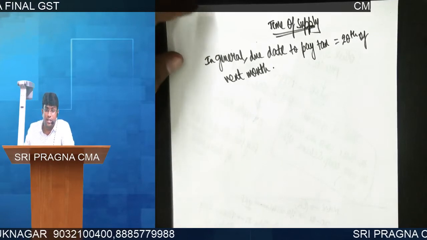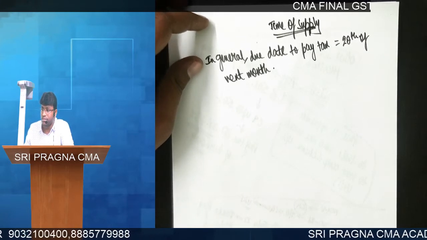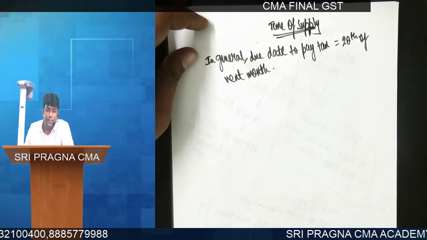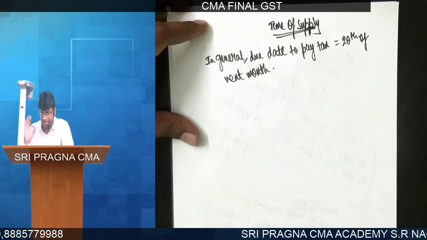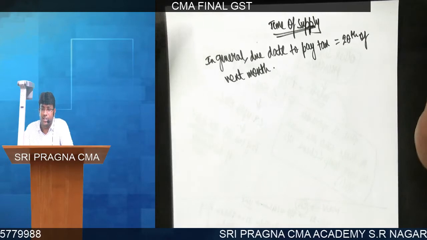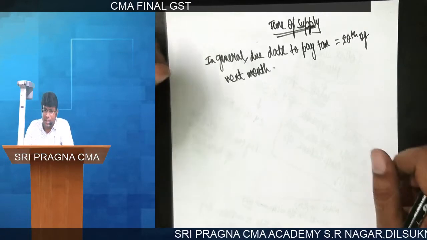So clear, friends? Everybody? So what is the due date in general? 20th of? Exactly. Now here, when I say that the due date is 20th of next month, some interesting concept to be noted is something like this.